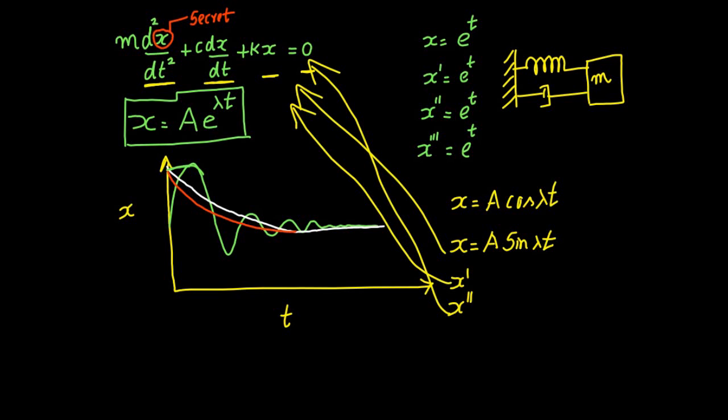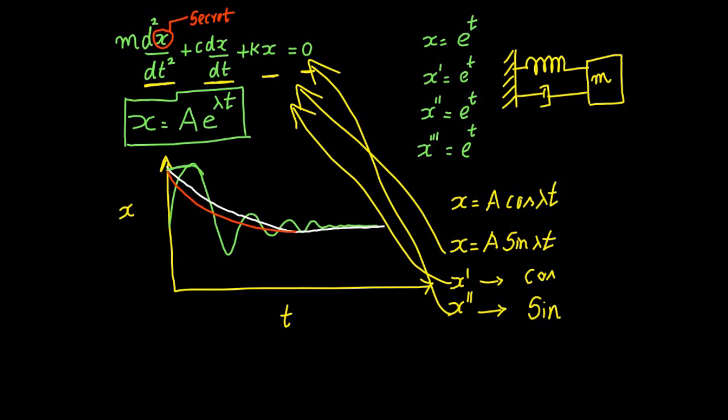Obviously, if you differentiate it one time, you are going to end up with a cos term. If you differentiate it two times, you are going to end up with a sine term. So definitely you are going to end up with cos terms and sine terms in the differential equation if you feed the differentiated values in the governing differential equation.